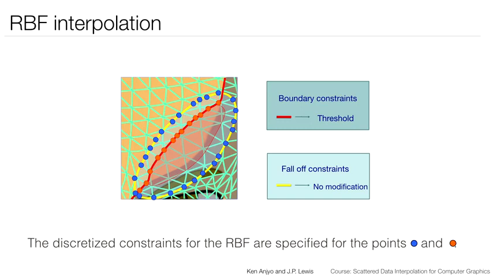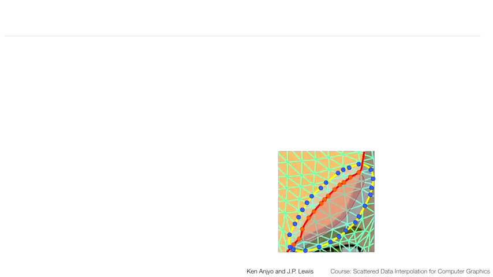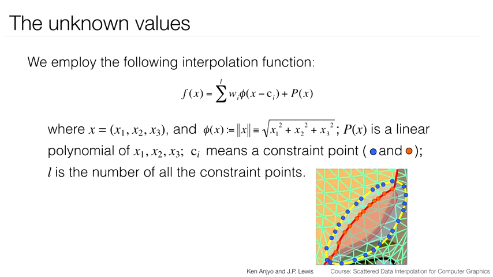In our formulation, the RBF is a function defined in 3D space. Of course, this is a kind of surface model, but we use the 3D RBF model to interpolate these values. In our formulation, we use this kind of RBF function here.